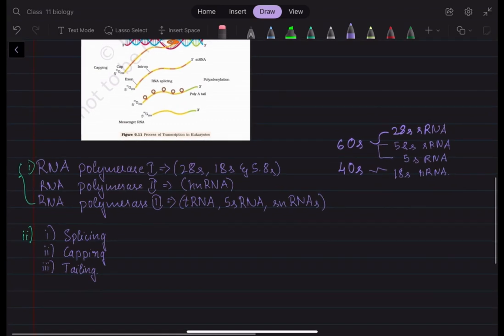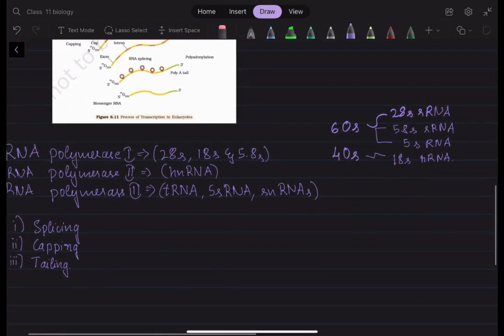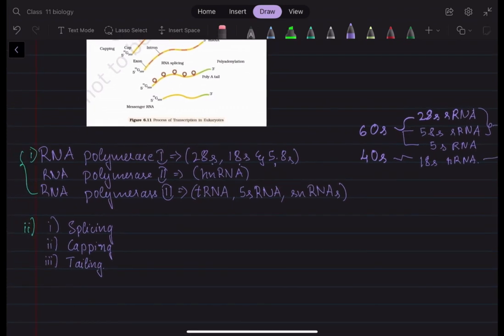So RNA polymerase 1 is responsible for the production of 28S, 18S, and 5.8S RNA, all these. Whereas RNA polymerase 3 is responsible for the formation of tRNA, 5S RNA, and snRNAs.